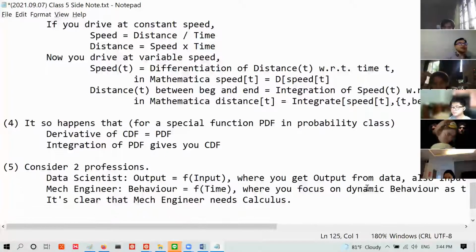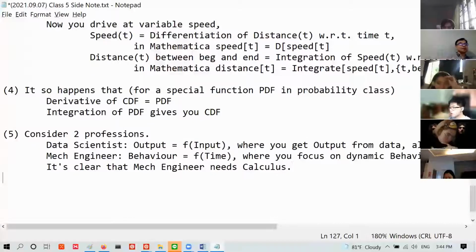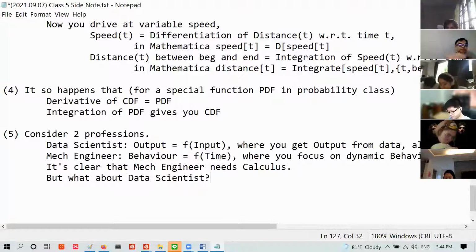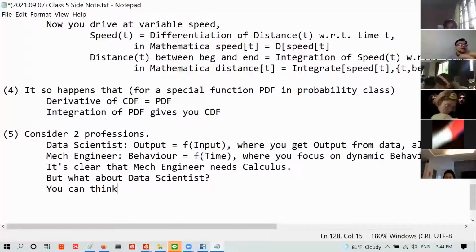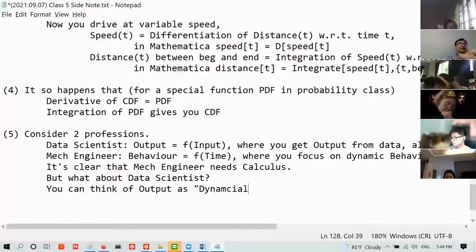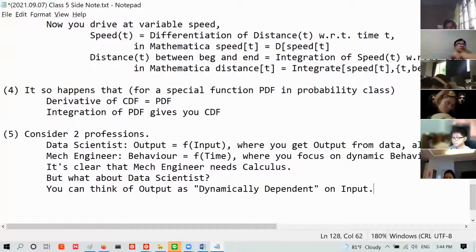Well, you can think of it this way. What about data scientists? You can think of output as dynamically dependent on input.